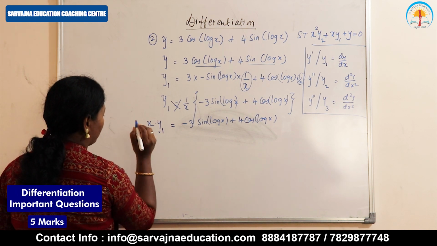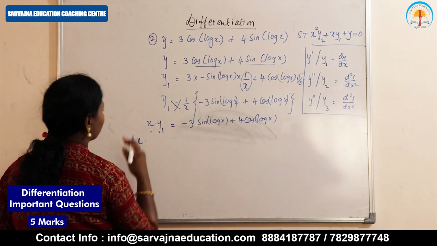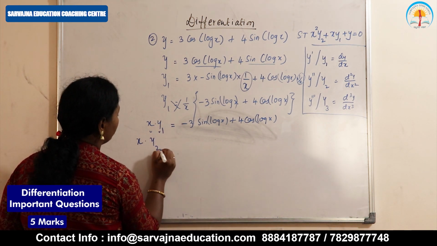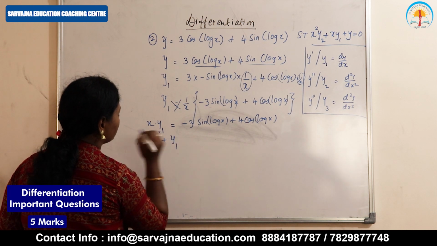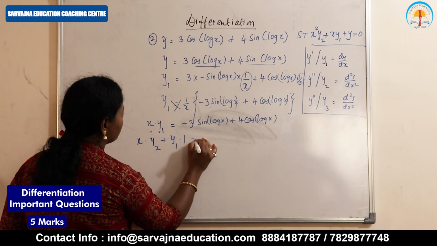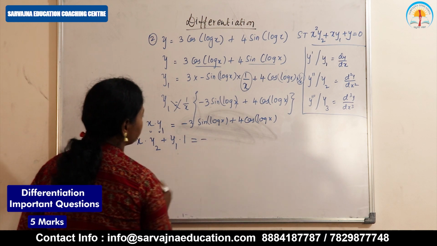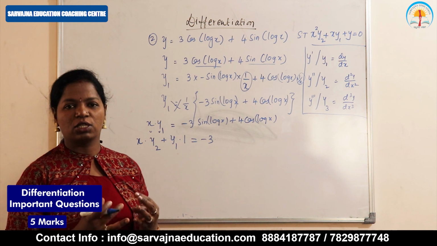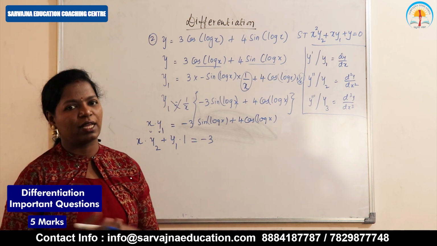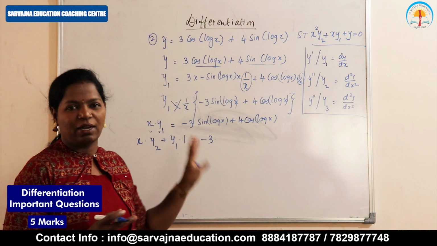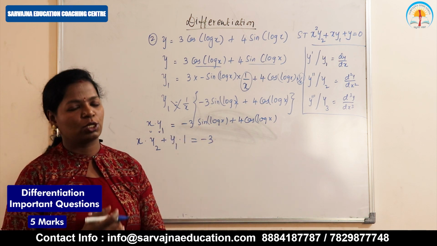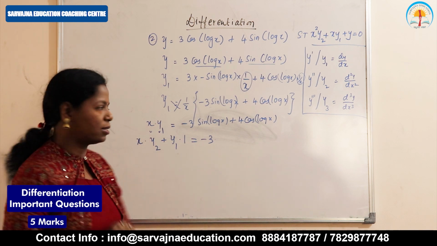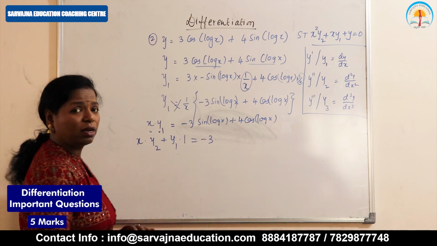Keep x as it is, and the differentiation of y1, the second differentiation, is y2, plus keep y1 as it is, and the x differentiation is 1, is equal to minus 3... When you're doing the uv form, you have to do the differentiation on both sides, left hand side and right hand side as well. You can't do only the left hand side and keep the right hand side as it is. No, you can't do like that. You have to always do the differentiation on both sides, because some people get confused.